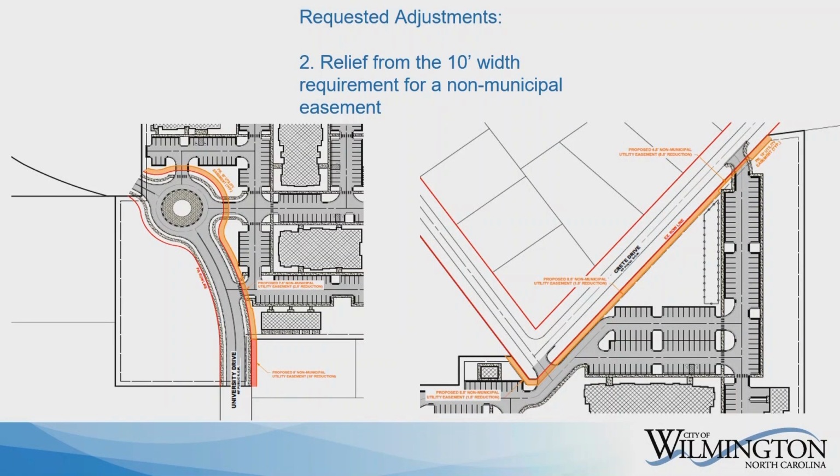Yeah, Exhibit 8, the area shown in red on the north side of the road. I would approve that and the 8.5-foot non-municipal easement along Crete. I would not support the reduction beyond 8.5 feet on Crete, and I would not support the reduction to 7.5 feet along University. I don't know how to phrase it any differently than that.